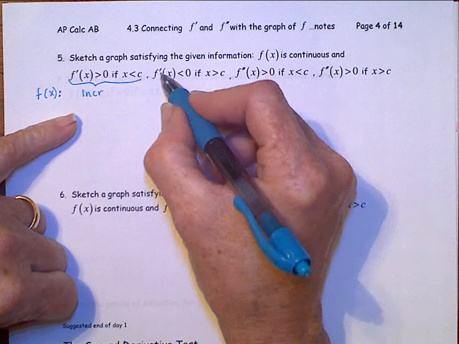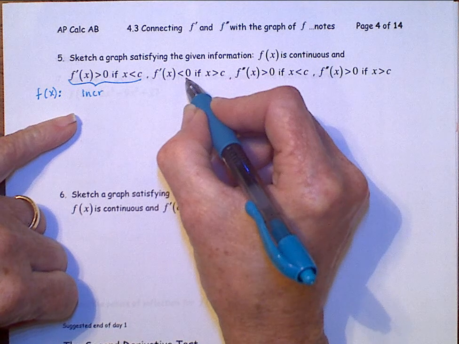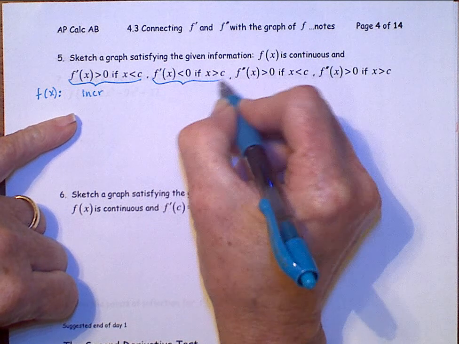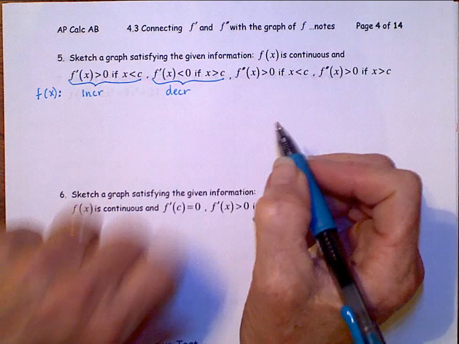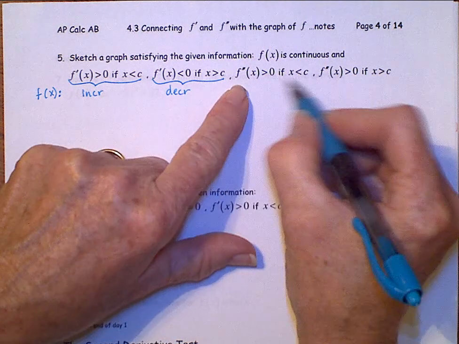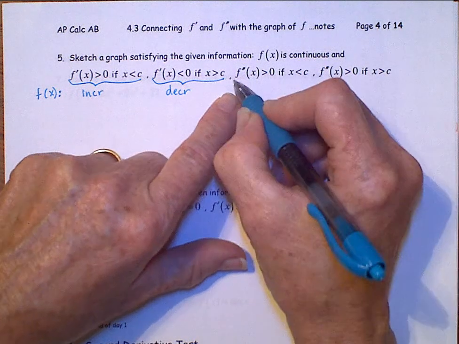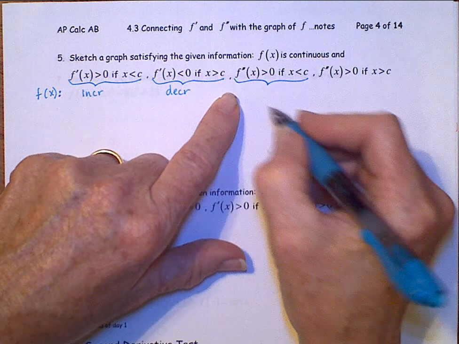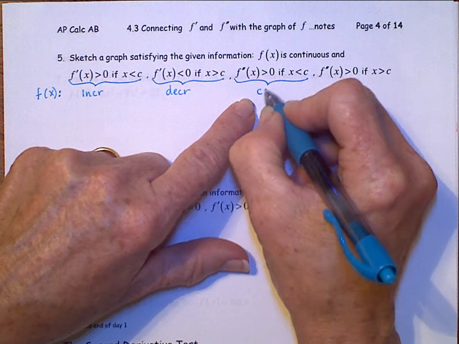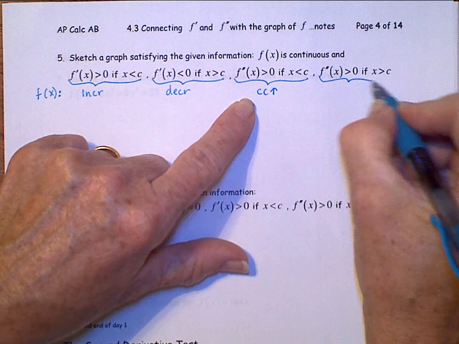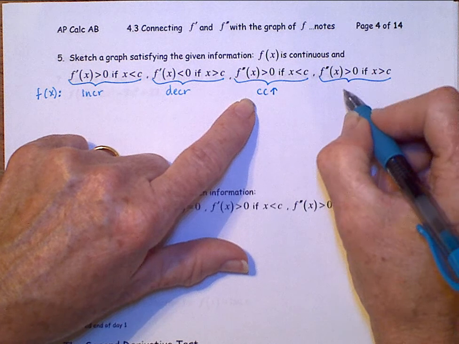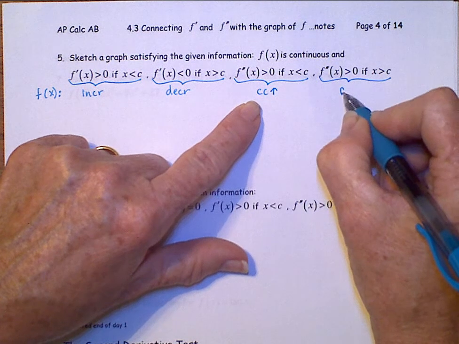If f prime is negative, less than 0, that tells us that f of x is decreasing. F double prime greater than 0 tells us that f of x is concave up, and f double prime greater than 0 over here again tells us that f of x is concave up.